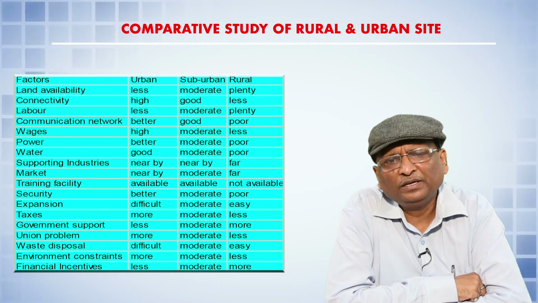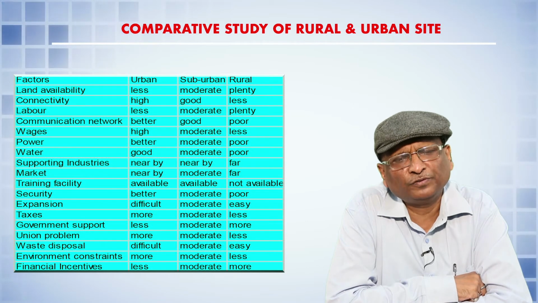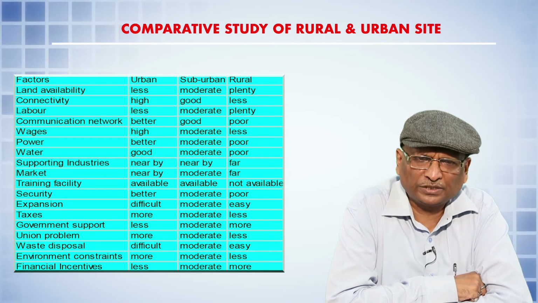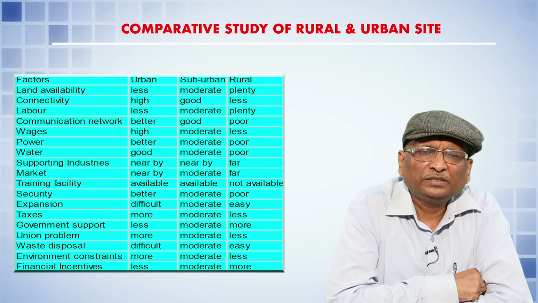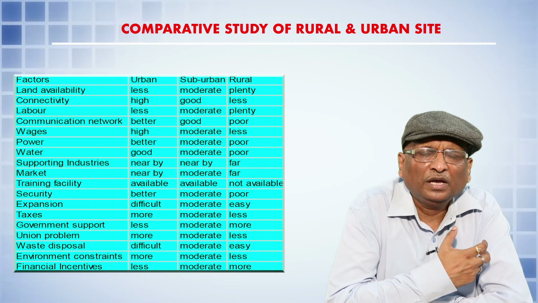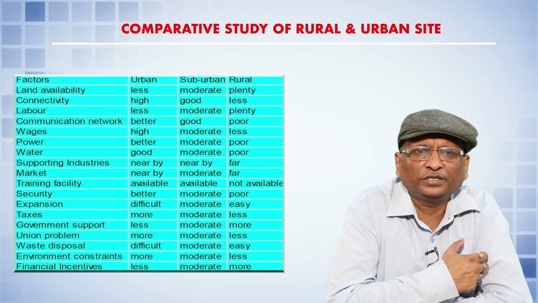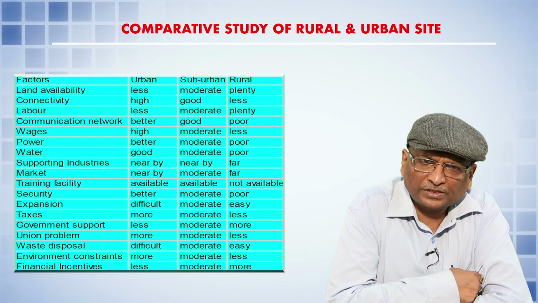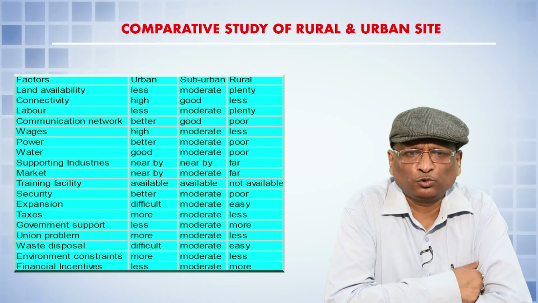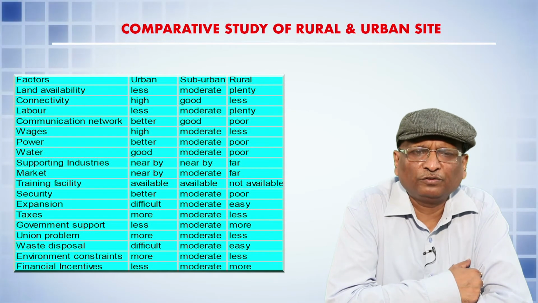You will find that a particular area is famous for a specific attitude of the person. That means the attitude of the person or the attitude of the population also gives a very important consideration in making the facility location decision. Waste disposal, environment constraint, financial incentive.